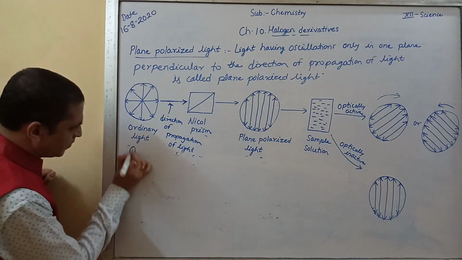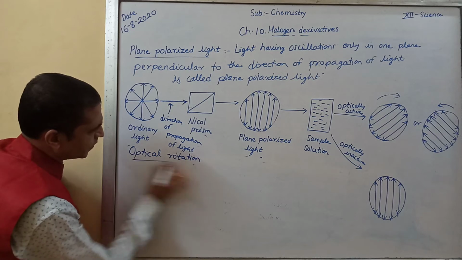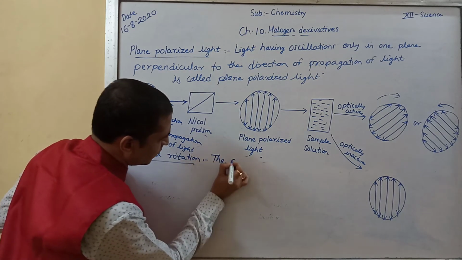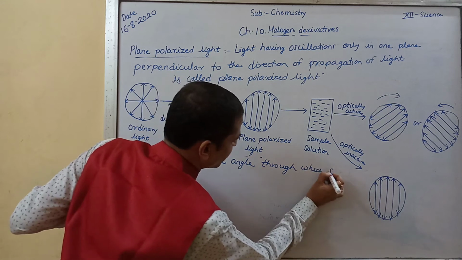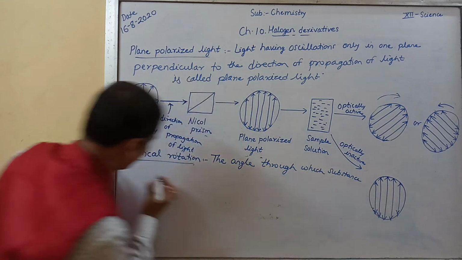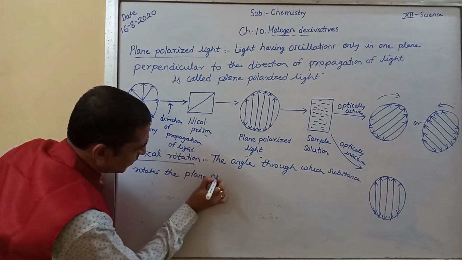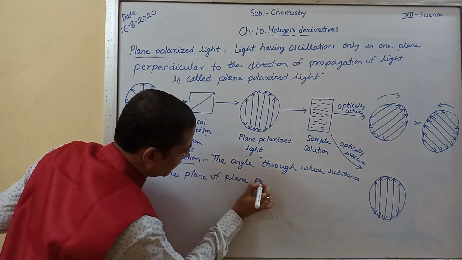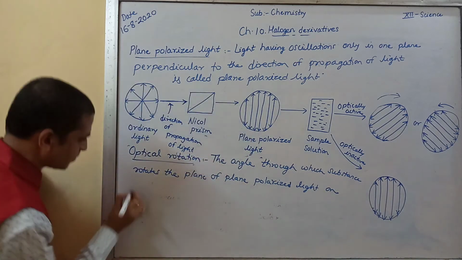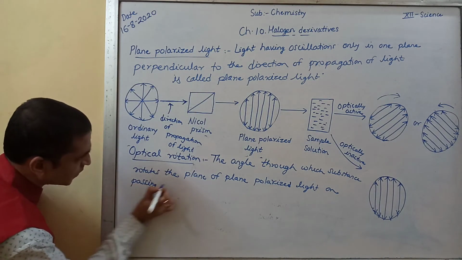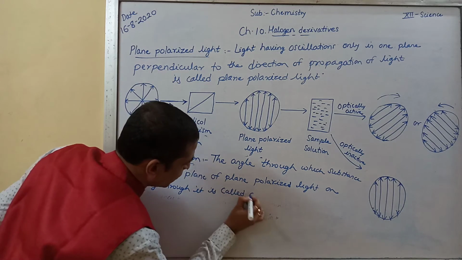So optical rotation is the angle through which a substance rotates the plane of plane polarized light on passing through it.